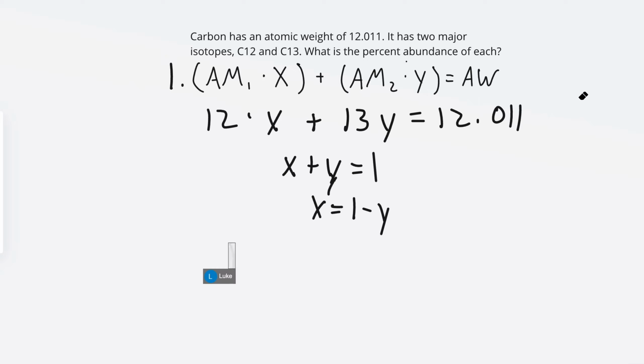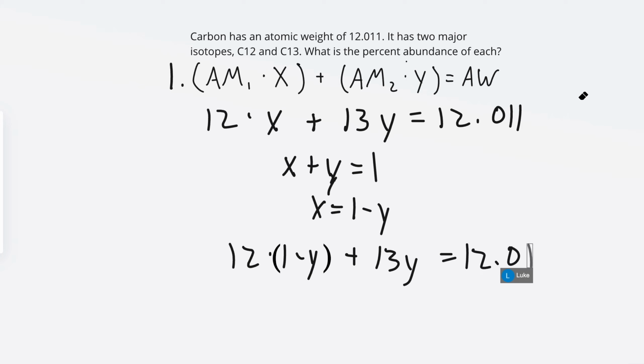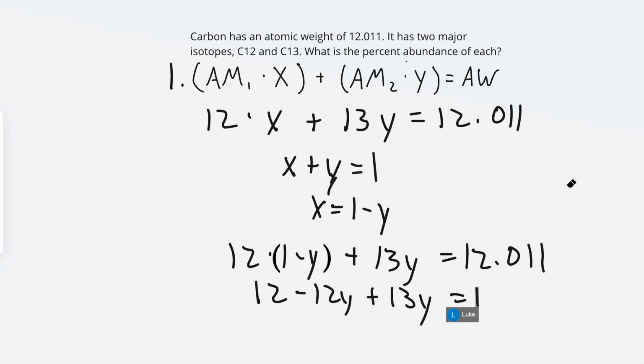So when we do that, we end up with 12 times 1 minus y plus 13y equals 12.011. And then it becomes really easy from here. We distribute the 12, so we have 12 minus 12y plus 13y equals 12.011.